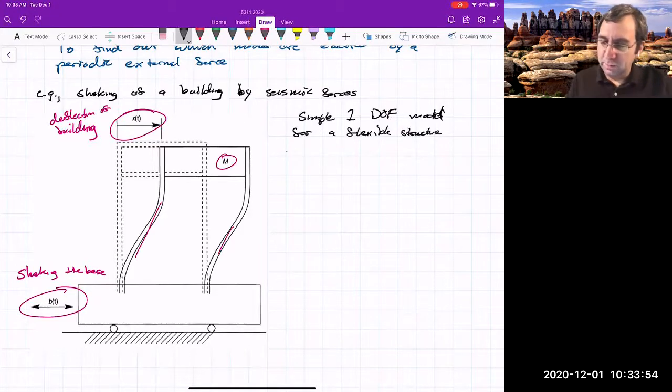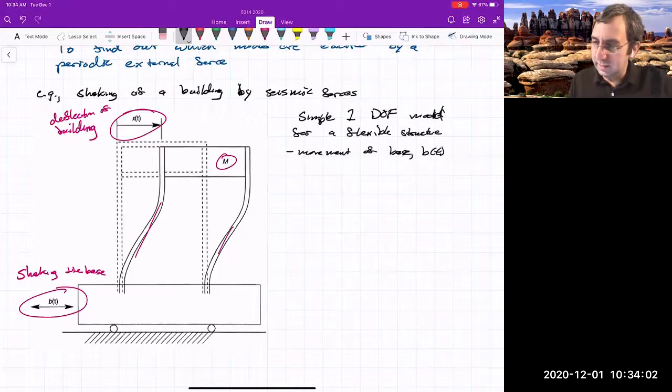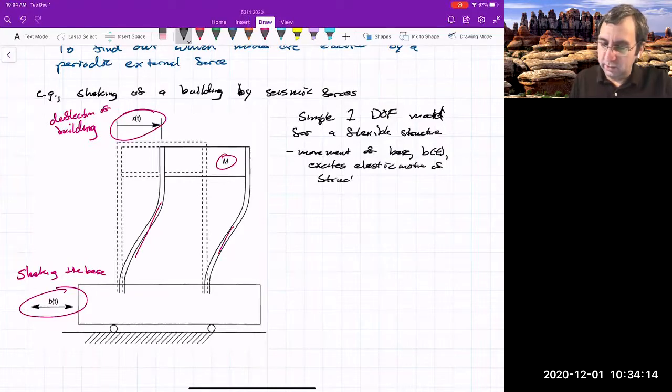So we've got the movement of the base. All right, b is a function of time, and it excites elastic motion of the structure. And what would that look like?